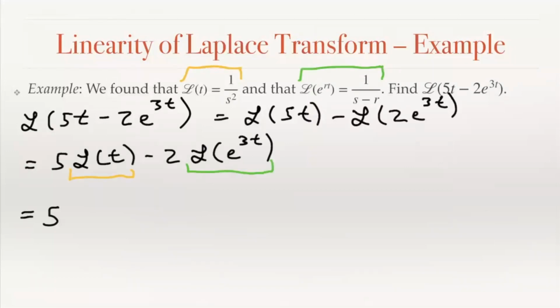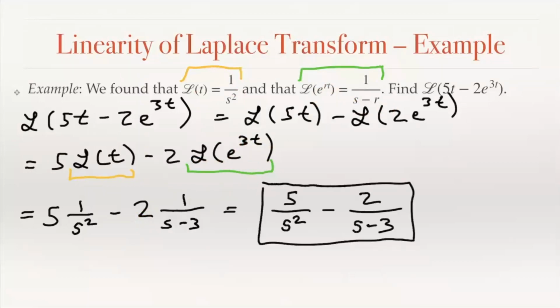The Laplace transform of t is 1 over s squared. So we have 5 times 1 over s squared. And then minus 2 times the Laplace transform of e to the 3t. The Laplace of e to the rt is 1 over s minus r. So this is 1 over s minus 3. So we wind up with this.